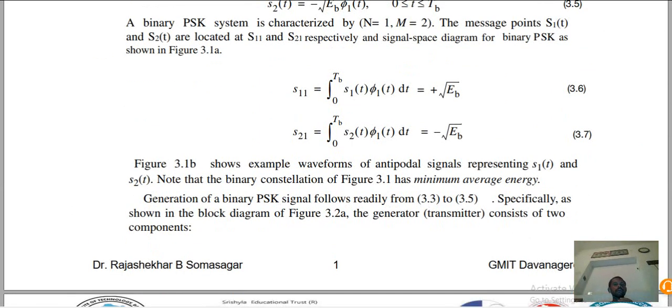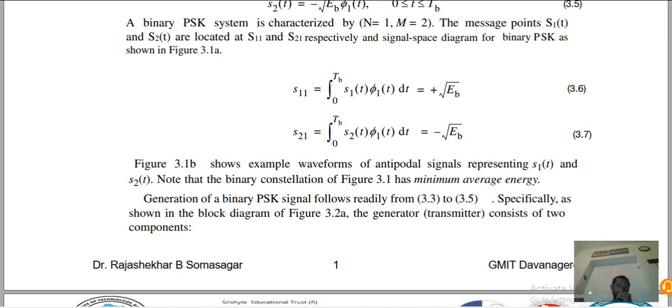Here, as I said, there are two message points, S11 and S21. S11 is the first message point, located at the positive side, and S21 is located at the negative side, with respect to the second signal S2, which has the negative energy, as shown in equations 3.6 and 3.7.